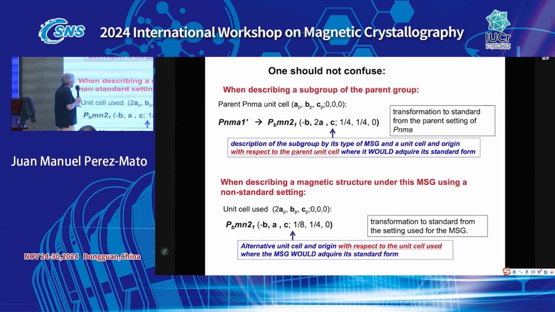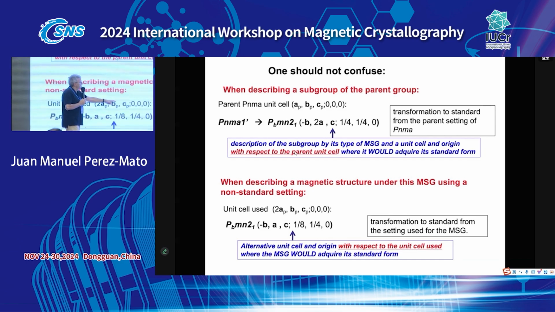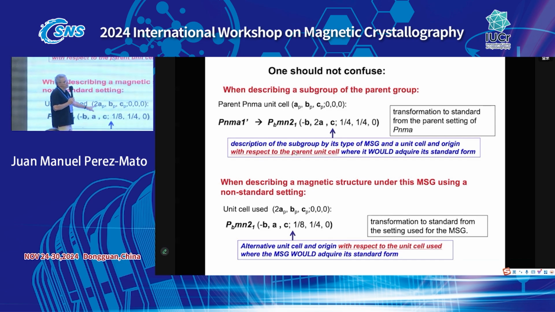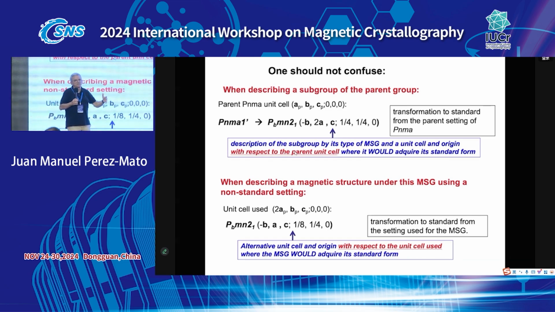You are going to say unit cell used 2a, b, c. So I already duplicated the unit cell with respect to the parent, because you must use a magnetic unit cell, which describes the periodicity of your spin. So you have to say, okay, I'm using a unit cell where a is double with respect to the original parent unit cell.